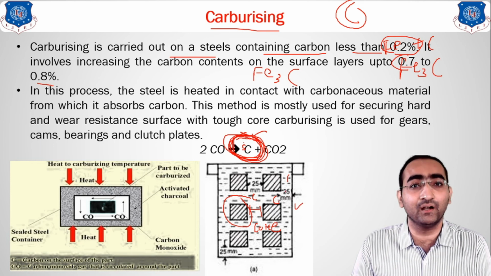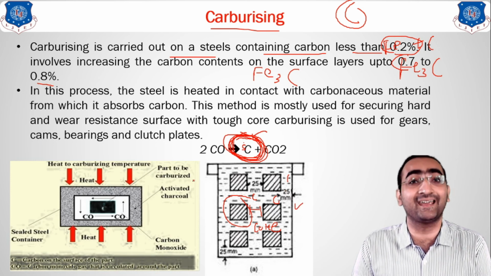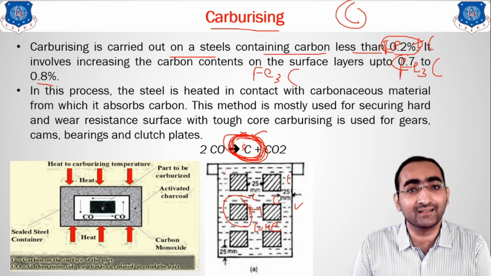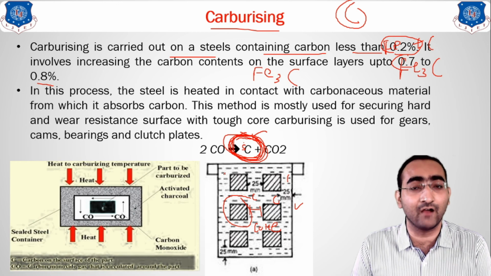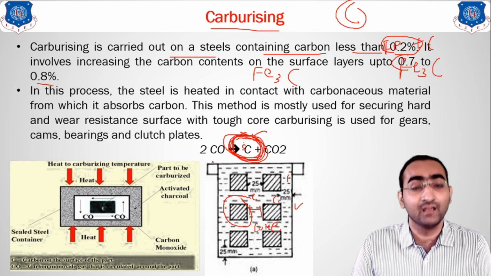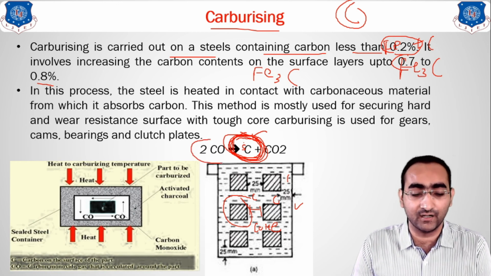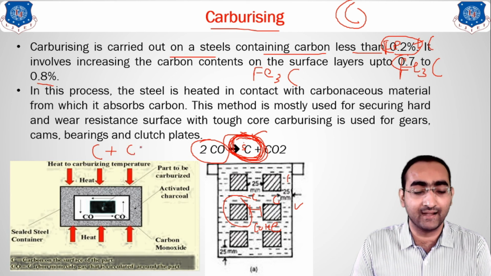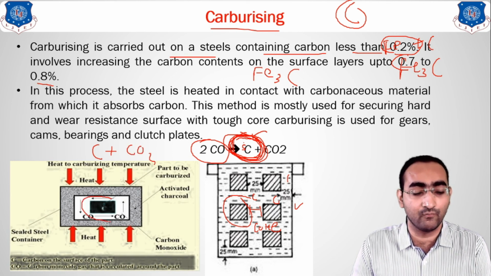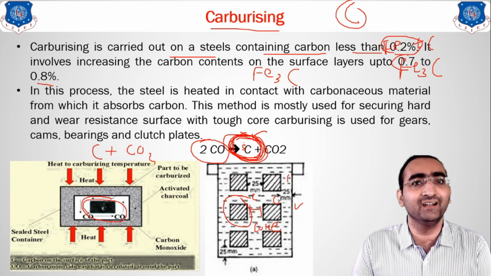There is another carburizing method, known as gas carburizing. What we discussed with coke was solid carburizing, or pack carburizing. Now we will discuss gas. Which gas are we using? We are using 2CO, that is carbon monoxide, which forms carbon and carbon dioxide. As you can see over here, carbon monoxide is allowed to move around the specimen and heat the material.